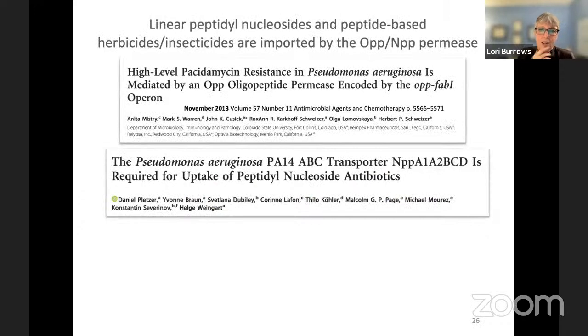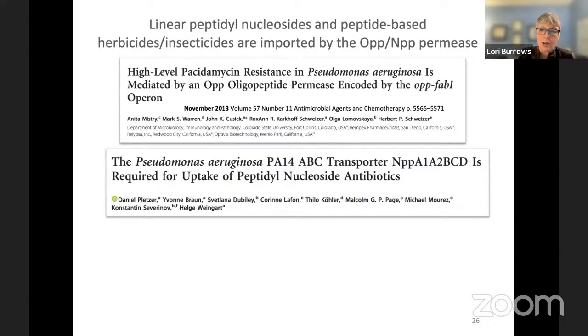So we first considered whether it was being taken up through peptide permeases, because it's a thiopeptide antibiotic. And we thought maybe Pseudomonas thinks this is food and it's trying to eat it and it's giving itself food poisoning. So we looked really carefully at all these transporters.